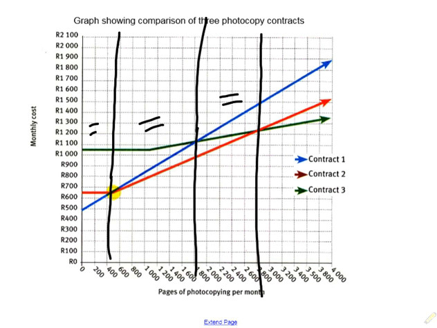Then over here, pages are linked to the cost. The more pages you photocopy, the more expensive it's going to be. But remember, we had some free pages. That's why they are more cost effective for certain areas.